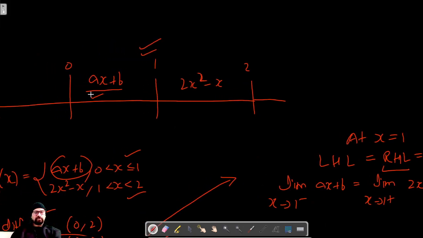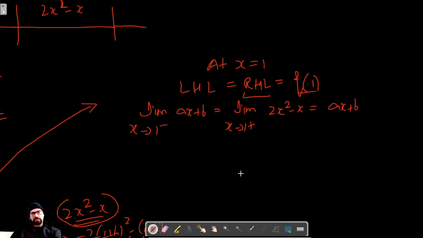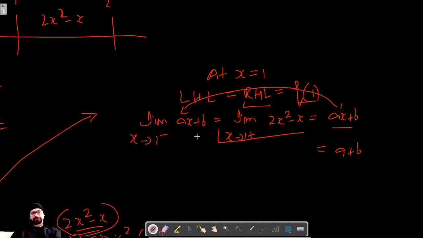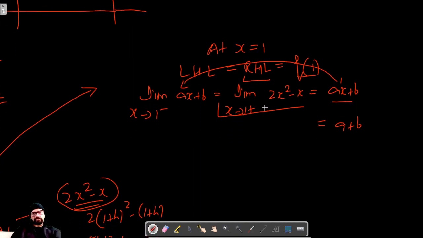So at x is equal to 1, the left hand limit is equal. So the function's value at f of 1, let's put in the value of x here as 1, which is a plus b. So a plus b is equal to, let's evaluate. So this and this are equal. So we are going to use the right hand limit with the function's value.